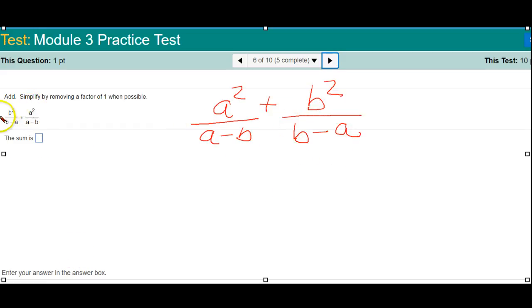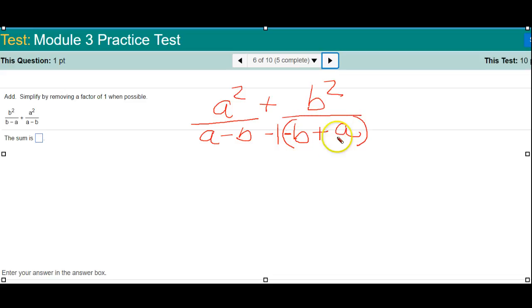So after studying this example, here we see the denominators are similar, but they're not the same. The signs are wrong. So what I decided to do is to switch this term with this term. We're allowed to do that. And in this term here, I'm going to take out a -1. And this will make this a minus, and this will make this a plus.